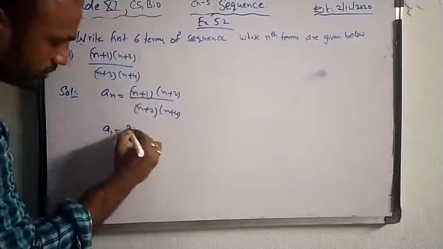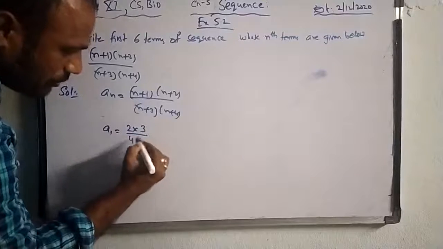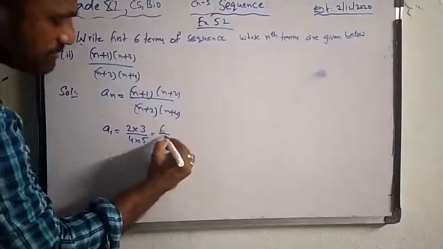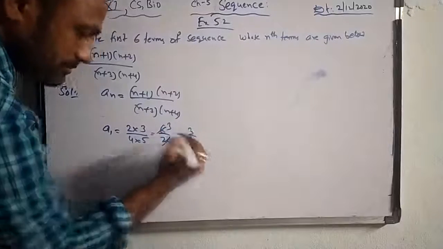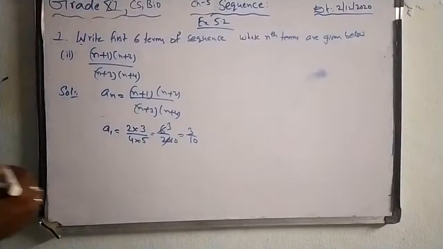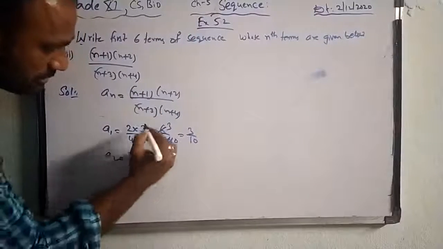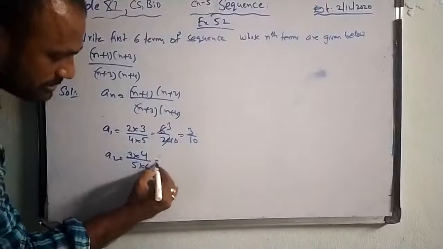a1 is 1 plus 1, which is 2, into 1 plus 2, 3, 1 plus 3, 4 and 1 plus 4, 5. So that is 6 by 20, so 3 by 10. a1 is 3 by 10. Next a2: 2 plus 1, 3; 2 plus 2, 4; 2 plus 3, 5; and 6.